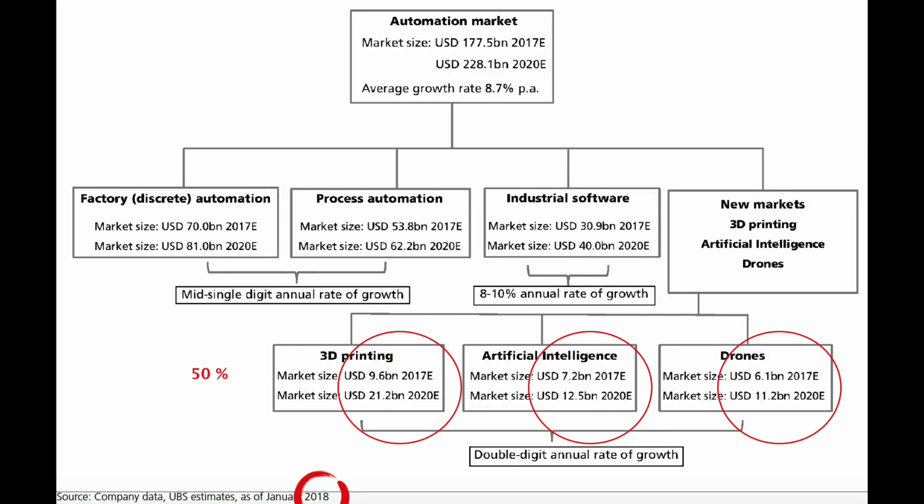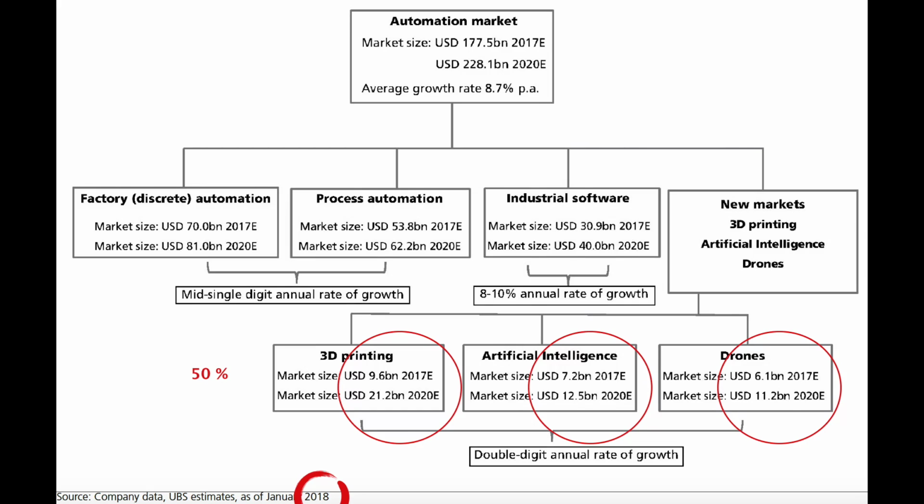And when we look at it, we can see that factory automation, process automation, and industrial software are already outdated. They are not growing as fast as new markets in 3D printing, artificial intelligence and drones. Here we can see that they predict a 50% rise. And artificial intelligence, of course, is probably the most important one of them.